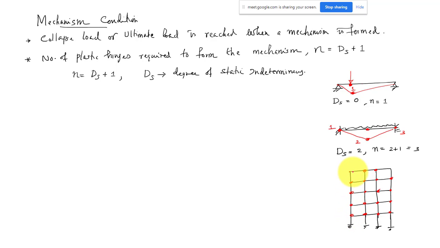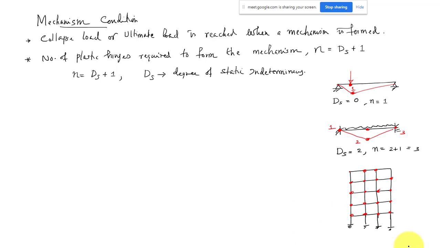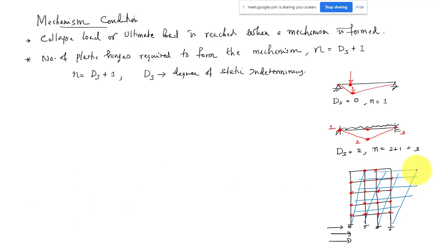Okay. So first, wherever the moment reaches its peak, the plastic hinge will form at that point. We do this nonlinear analysis for the building frame, especially for seismic analysis. Suppose we have seismic analysis, we have the lateral force. Your building may sway, it will oscillate. Usually, if you have a horizontal sway like this, the moment will be maximum at the beam column joint.